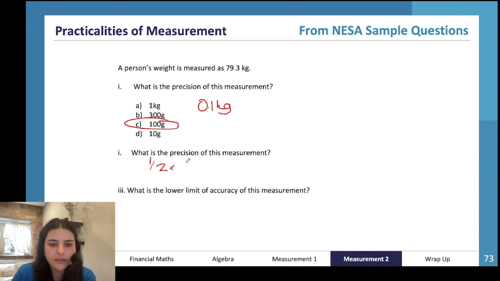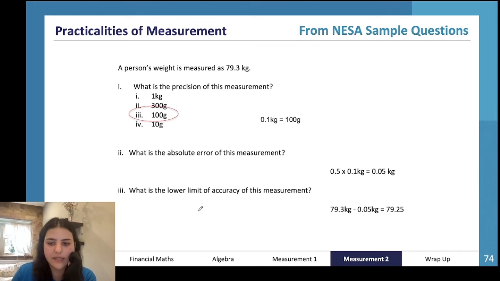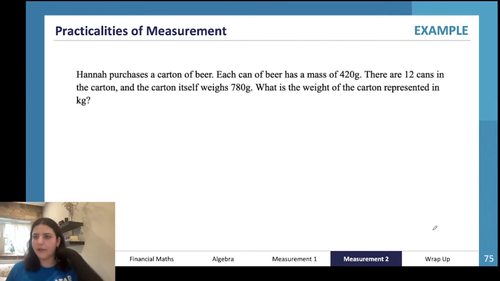Half times 100 grams is going to be equal to 50 grams. The lower limit of accuracy has to be 79.3 minus what is 50 grams to a kilo, so 0.05. And that would give us, we'll look at our answers here, 79.25.